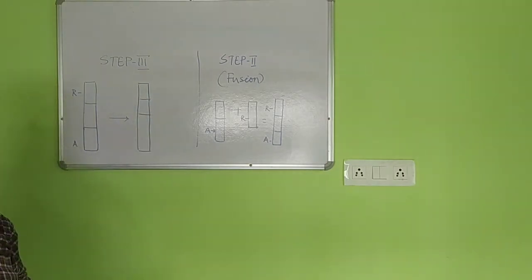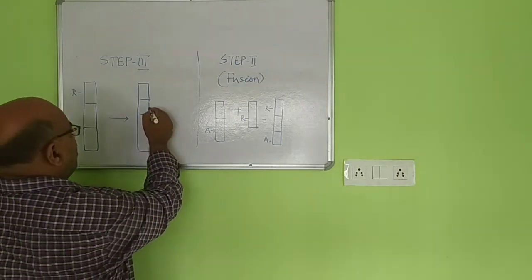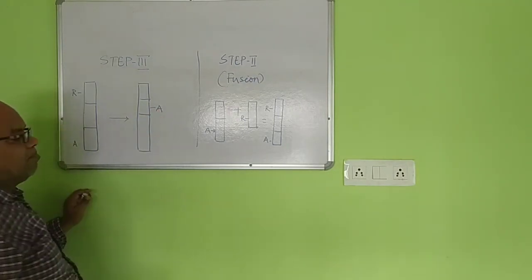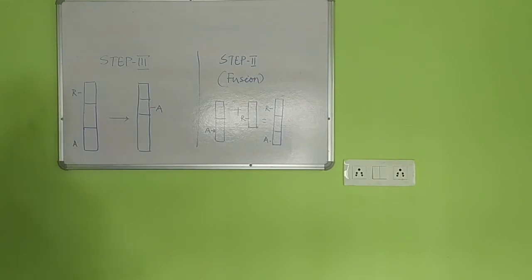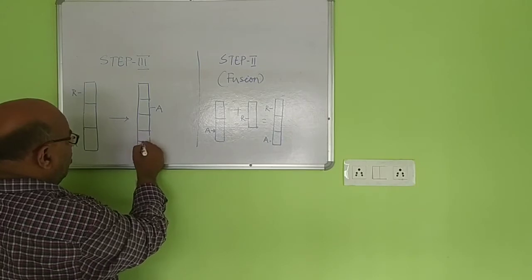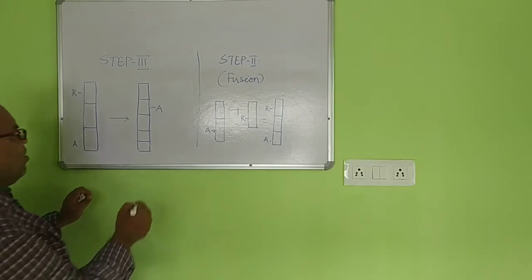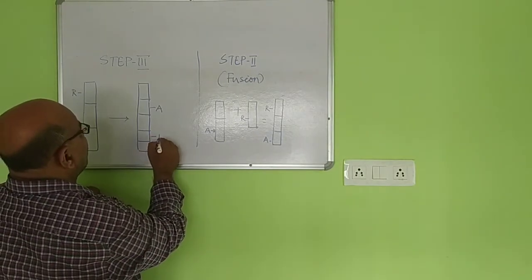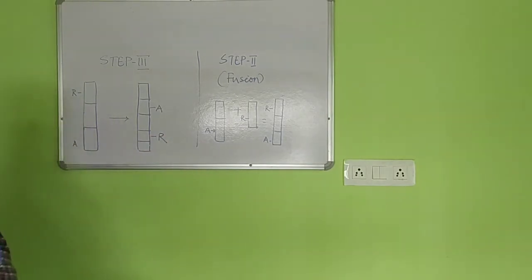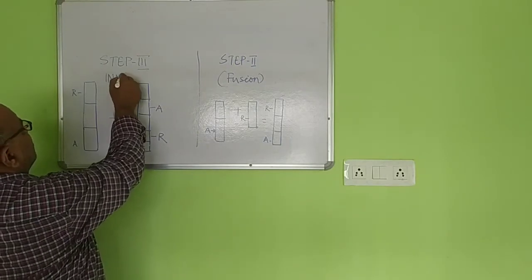Mark here, A is going to be off, and this is called your A. Then you mark your R. Okay, this portion will be called your R. And this is the case of your inversion.